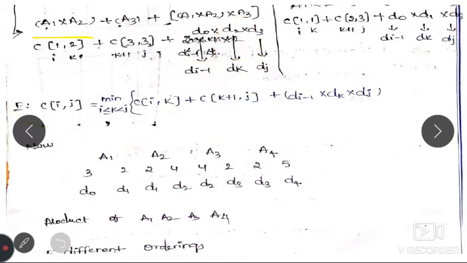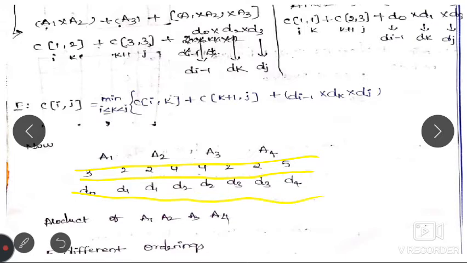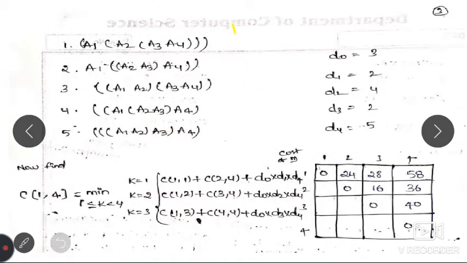Now we consider 4 matrices A1, A2, A3, A4 with orders 3 by 2, 2 by 4, 4 by 2, 2 by 5, assigning the values as D0, D1, D2, D3, D4. So this product of 4 matrices has 5 different dimensions. Here with the bracket on A3 and A4, first multiply those 2 matrices, then the result with the A2 matrix, and that result with A1.